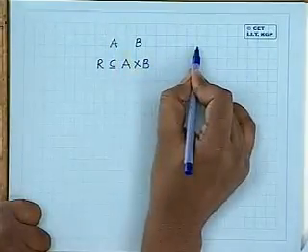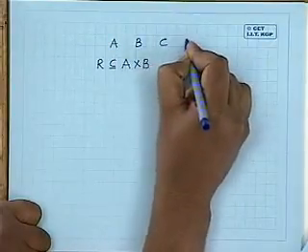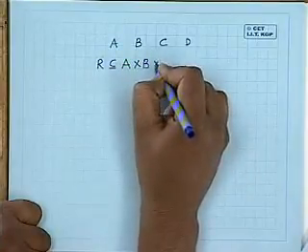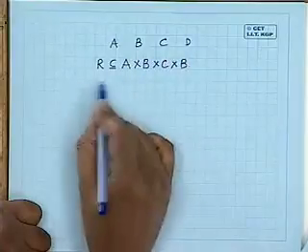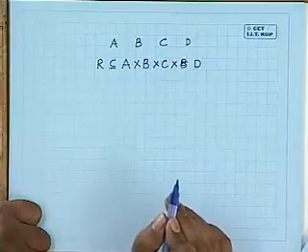If I want to find out relations among 4 sets, say A, B, C, and D, then a relation over these 4 sets will be a subset of the Cartesian product of A, B, C, and D.